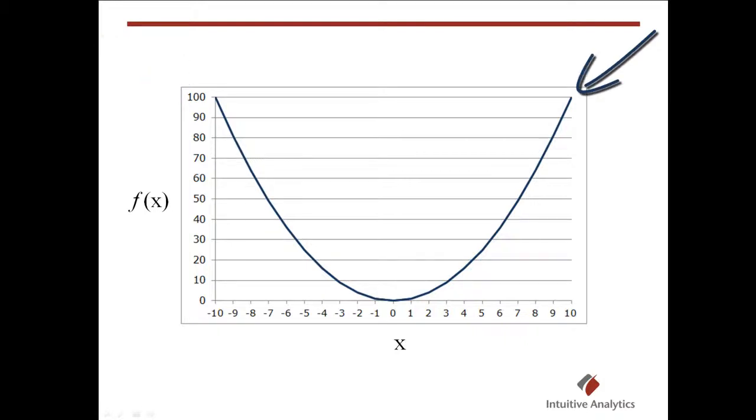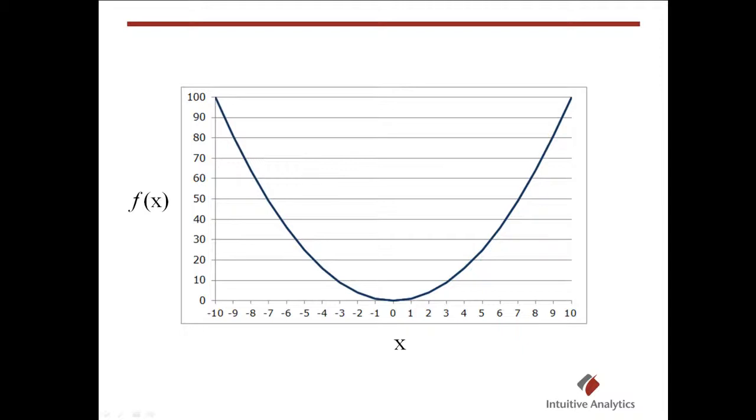The nice thing about this function is it gives a very simple intuitive minimum. At the value of 0, where x is 0, our f of x value takes on its minimum value of 0 as well. The reason we use this function is to be able to talk about when you're doing bond structuring, there is something called an objective function. The objective function being the thing in optimization that you're trying to minimize.